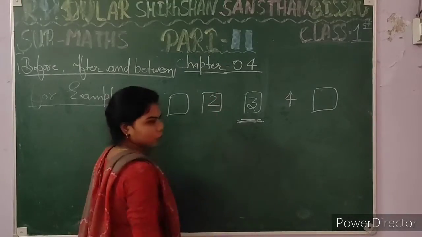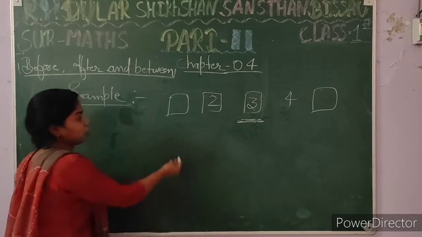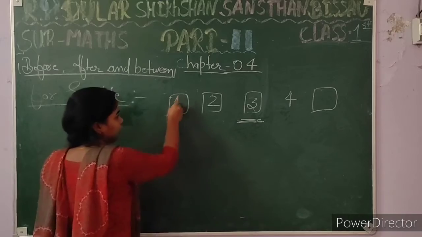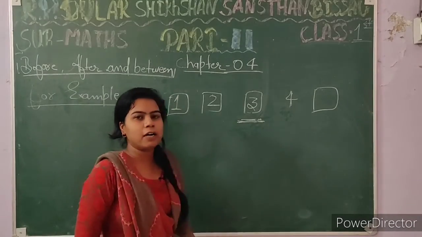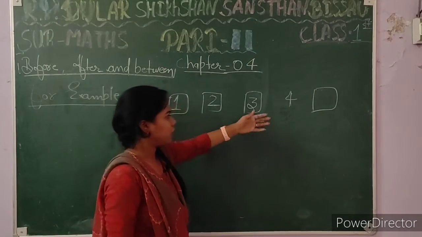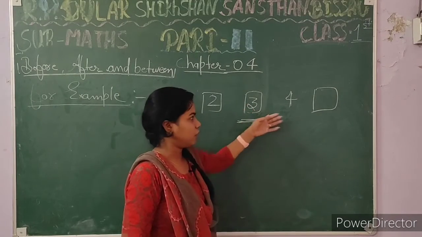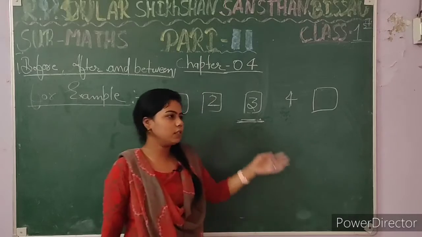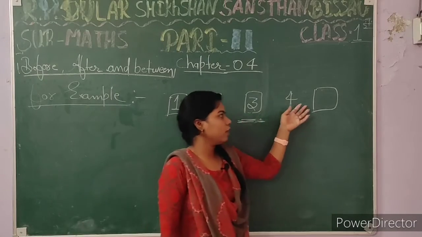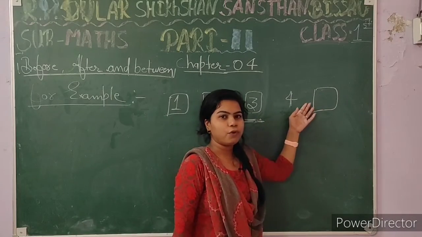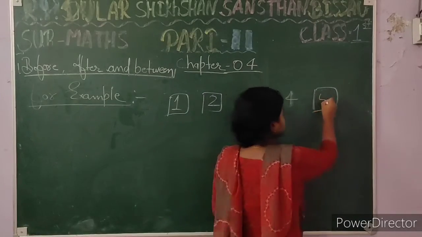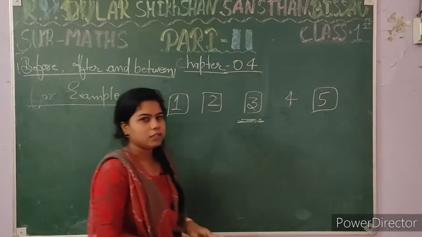Then we say 2. Then which number comes before 2? Then we get 1. The question is, which number comes after 3? After 3 there is 4. We say that 4 comes after 3. Then which number comes after 4? So we write 5, because we know that.